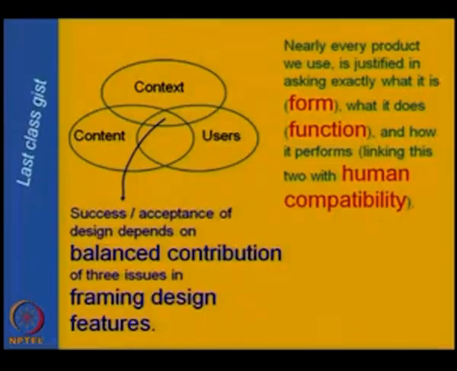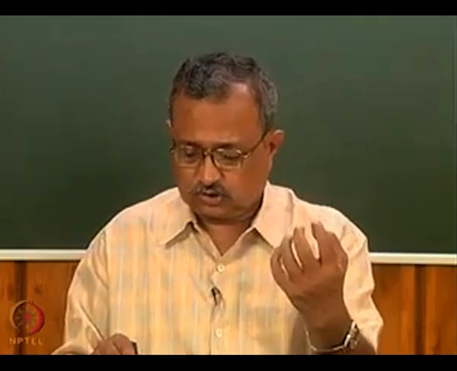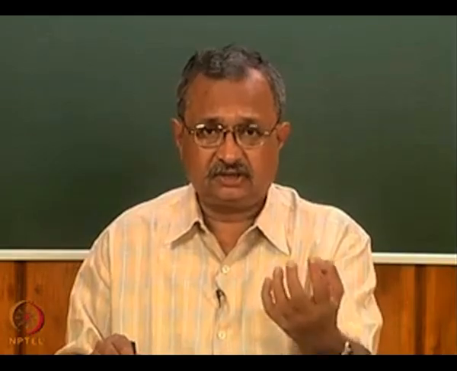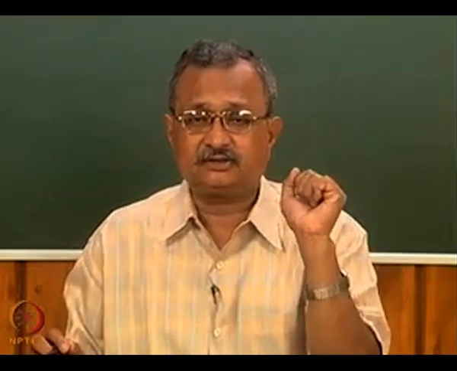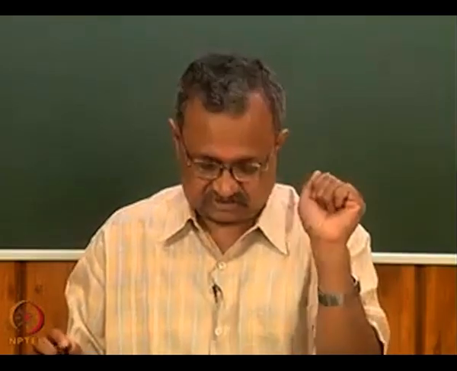And after understanding the form, getting the image of the product, what it does, that is the function. So, after seeing the product, the user should recognize its intended function and how it performs, that is, linking these two issues, form and function, with human compatibility factors. If we can establish these links, then the product will be well accepted by the intended users.